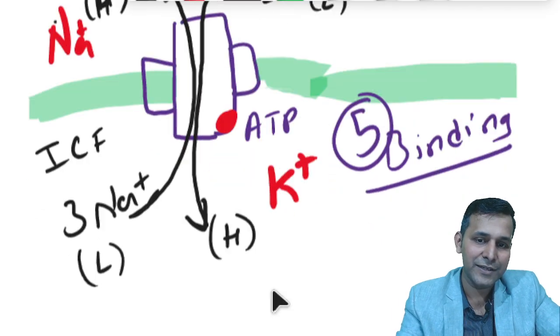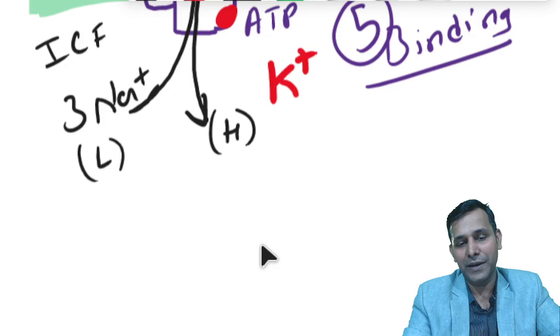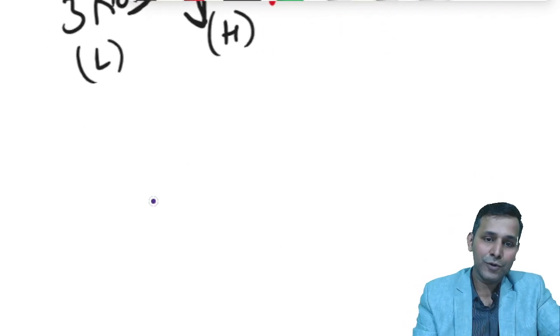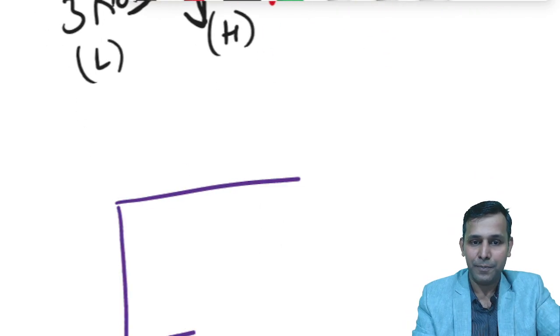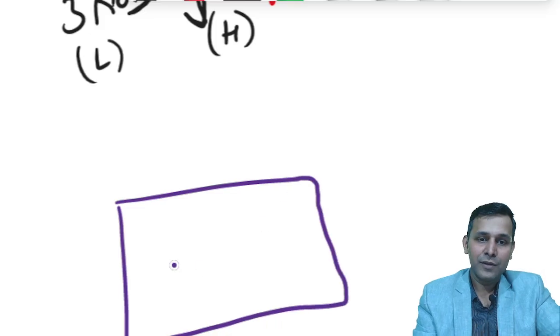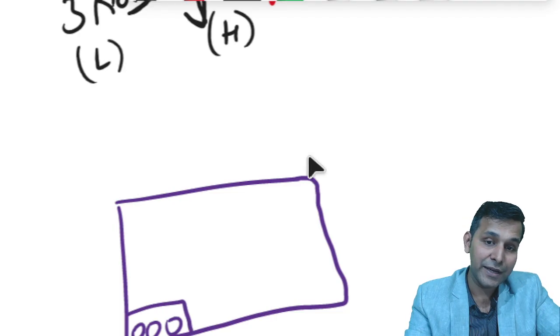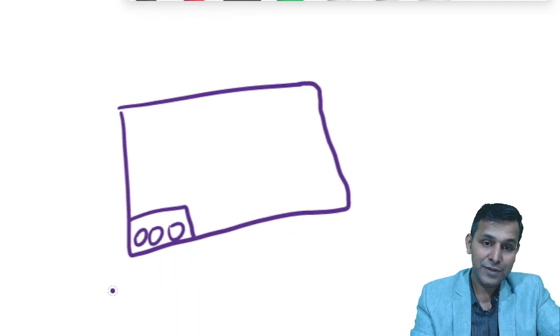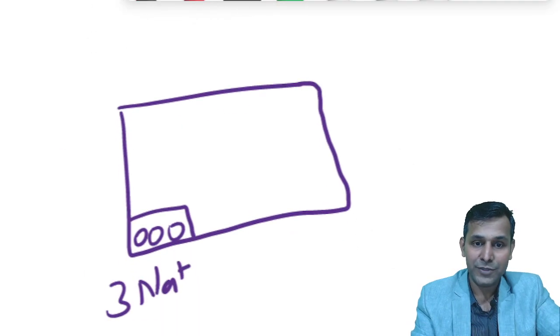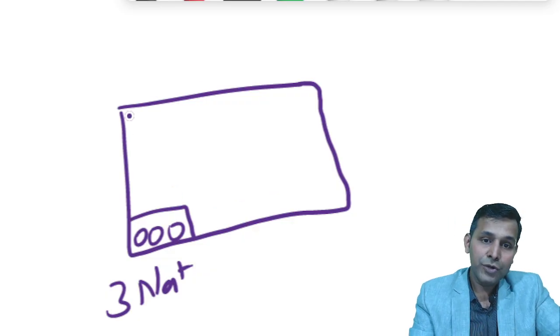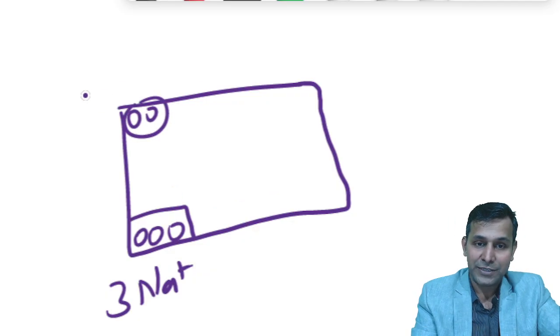Let us understand which are those 5 binding sites. The sodium potassium pump has 3 sodium binding sites on the interior face. 2 potassium bind onto the exterior face.